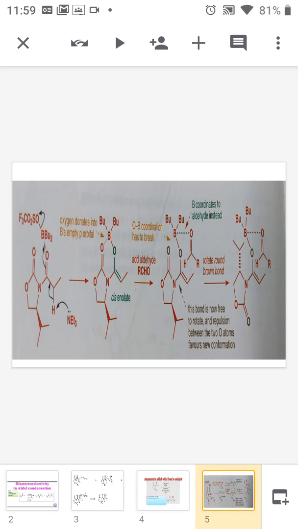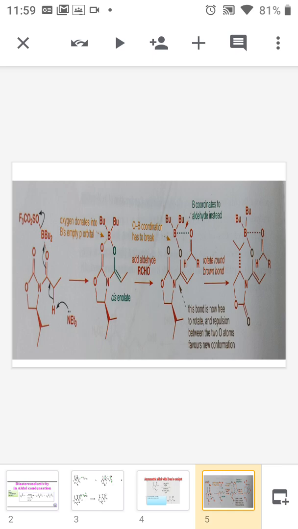We know that boranes are electron deficient, so the boron atom has a vacant p orbital, and this vacant p orbital is used to form a bond with the carbonyl of the chiral auxiliary.